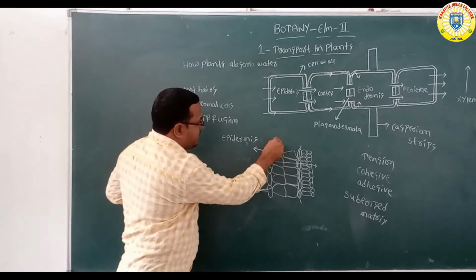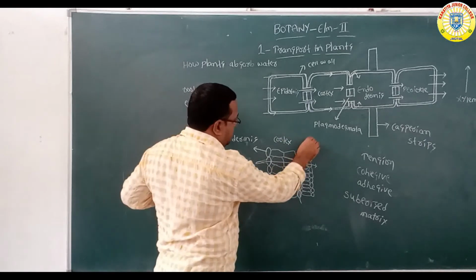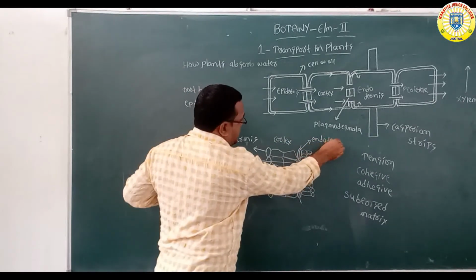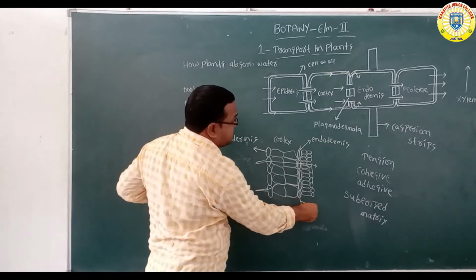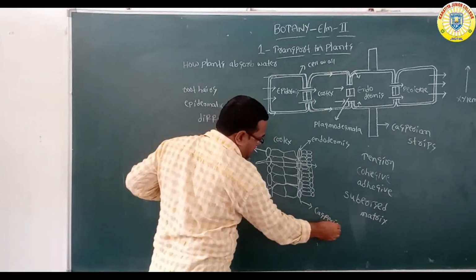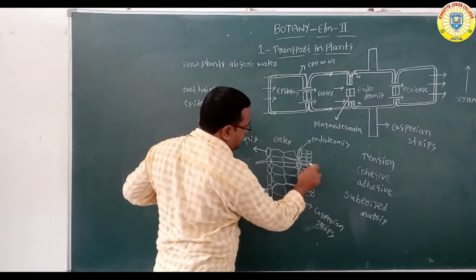This is the cortex. This is the endodermis. In the middle, Casparian strips. Here, pericycle.